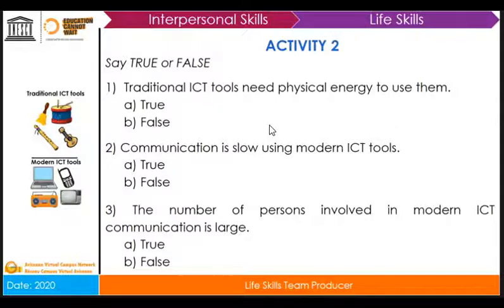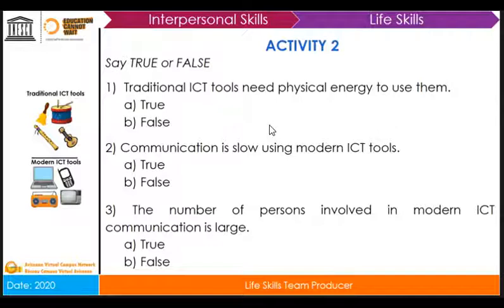Question 1. Traditional ICT tools need physical energy to use them. True or false?